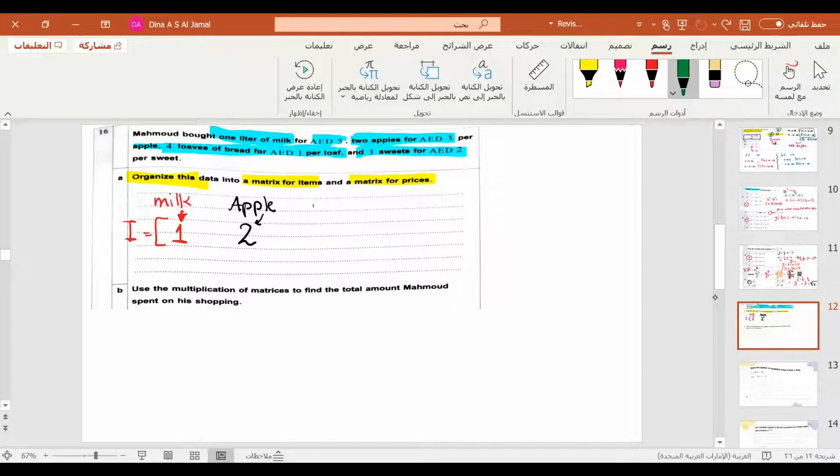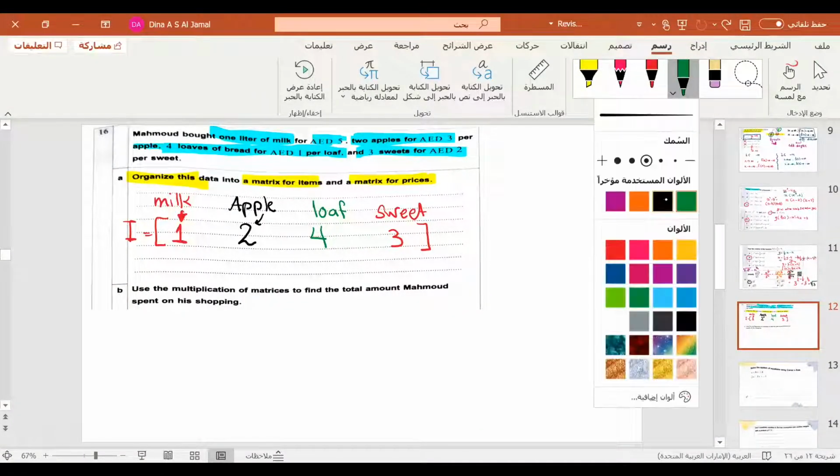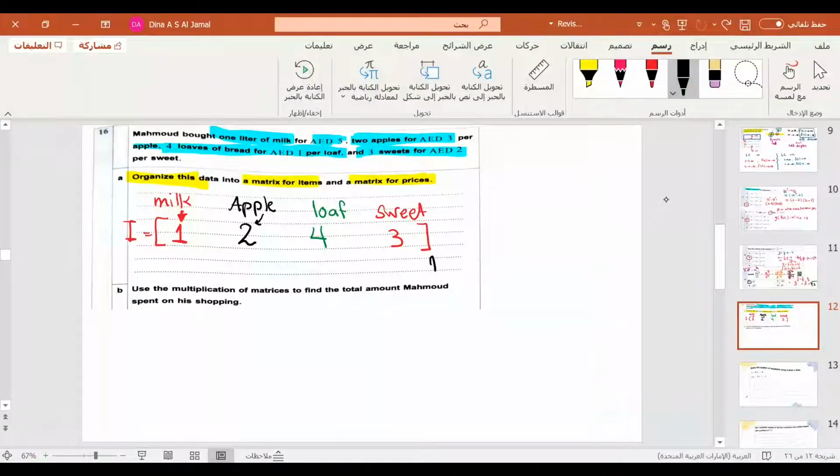So it's all about 4 here. Then lastly, sweet. And it is a 3. So what is the dimension of this matrix? You are having 1 row, 4 columns.